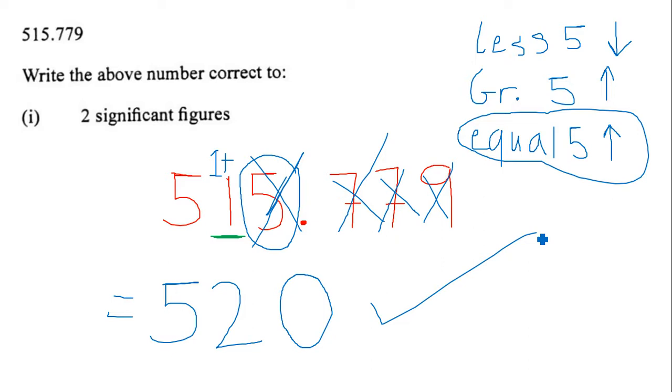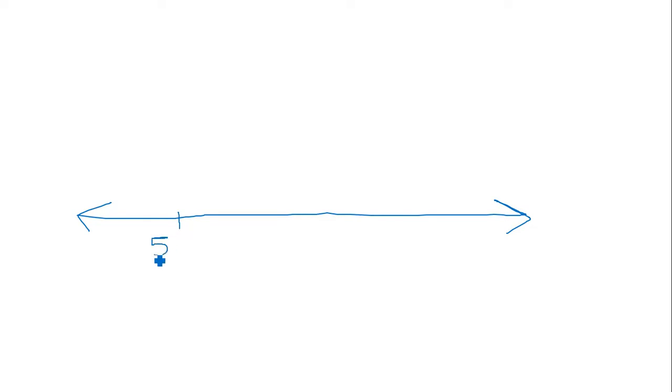If you put 52, would it be wrong? Definitely would be wrong. It would be hugely wrong. Because what they're trying to say is, look at the number line. Let's say we have 520 on one side, and on the other side 510.